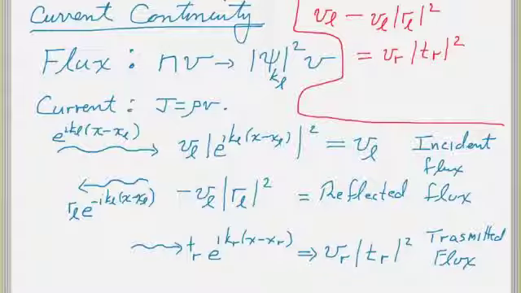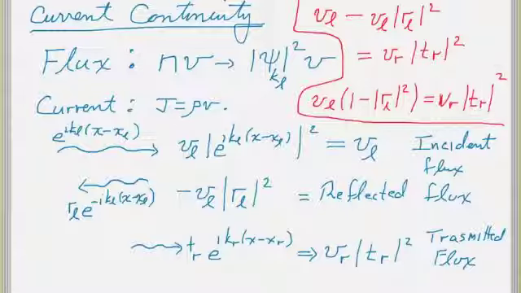And so if I combine this, I have VL times 1 minus RL squared is VR times TR squared. And the same thing holds if I inject from the right and come out at the left.